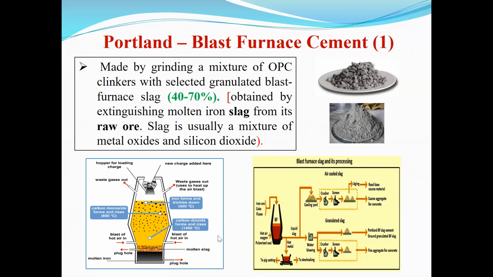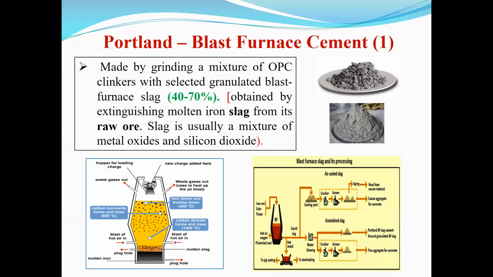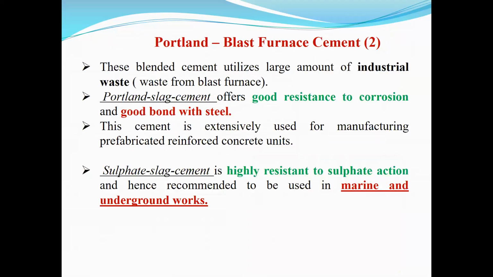At that time we get it. And here also you can see the mechanism. The main thing is that the blast furnace part is used as cement, mixed in various proportions, that means 40 to 70% with the normal cement. Now this blended cement is utilized because if you don't use it, it will remain as industrial waste.